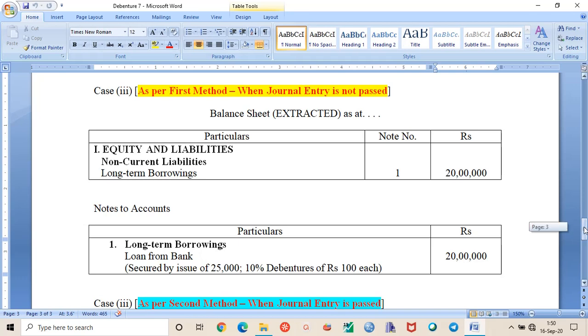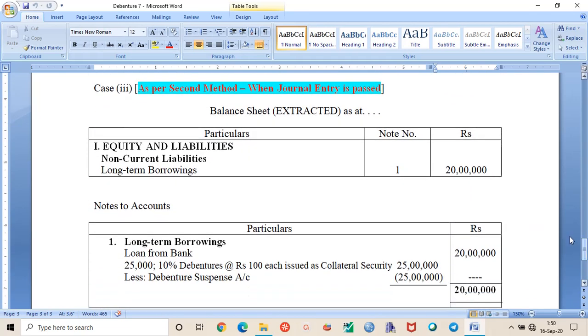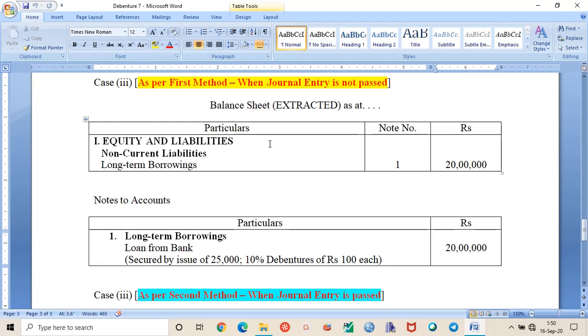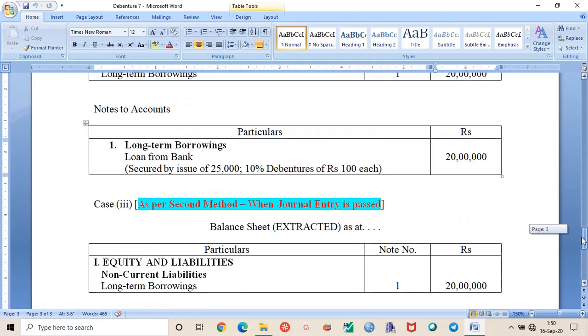Now go to the second method. When you record the journal entry, you have again the same thing, long term borrowings, 20 lakh, but the notes to accounts will vary. So if you have copied this first method for the third case in your copy, now you can see the difference here in the notes to accounts.